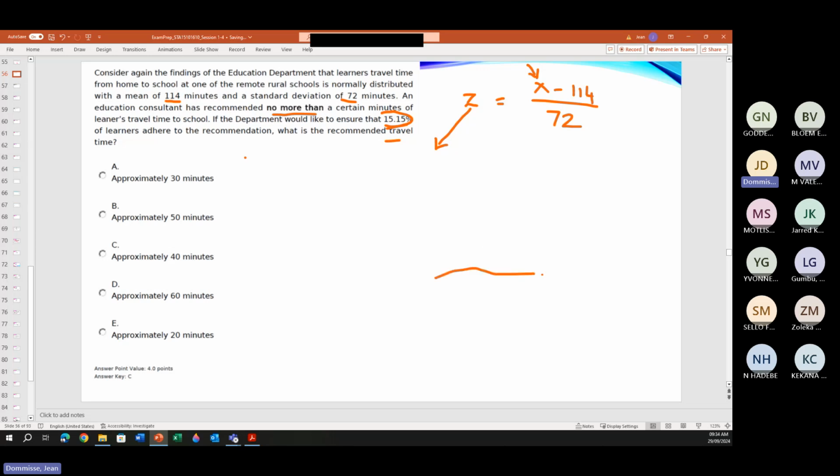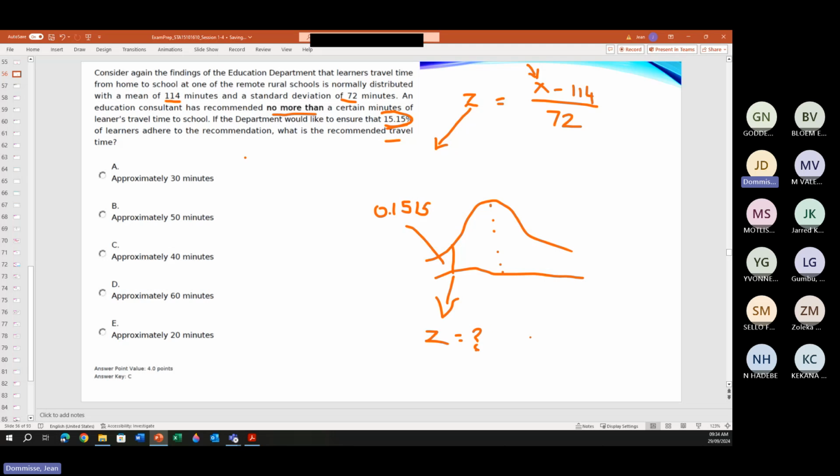15.15%. So if we look at a Z table, I would say, okay, in here we need to look for 0.1515. Then we will get a Z value.